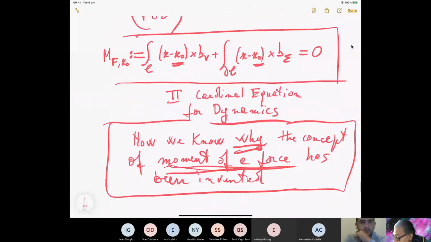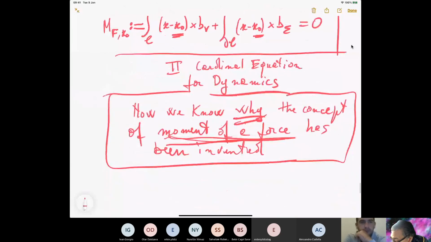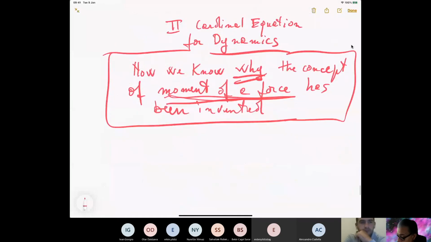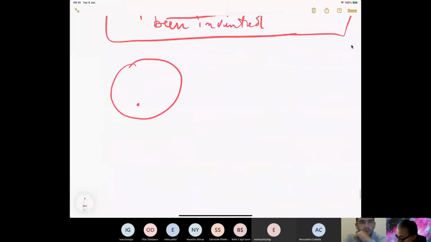Now what happens if I change x0? All our reasoning, if you remember, rigid body motion, you have the choice of one point.